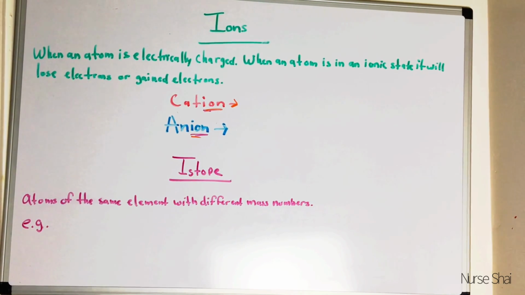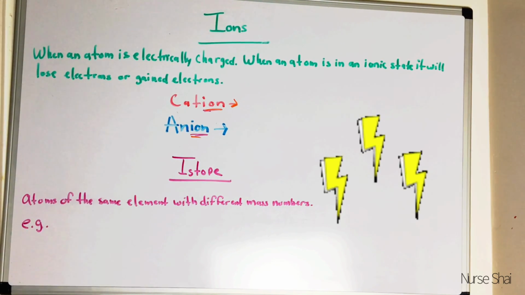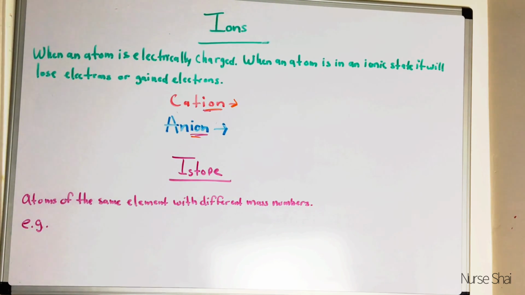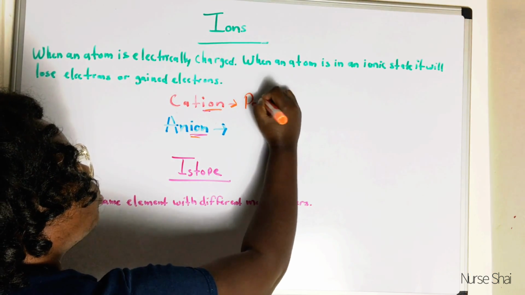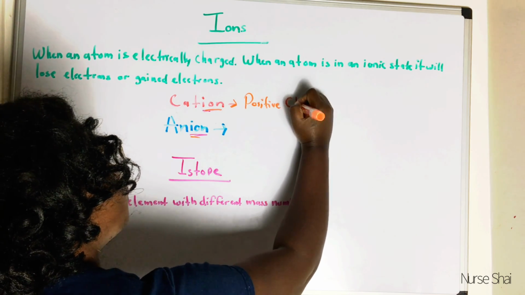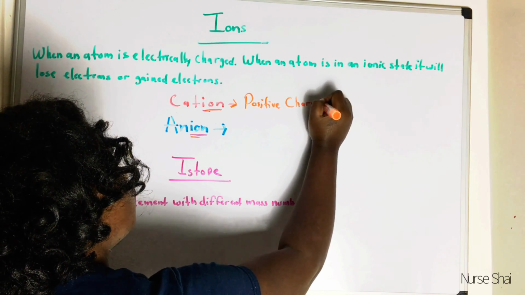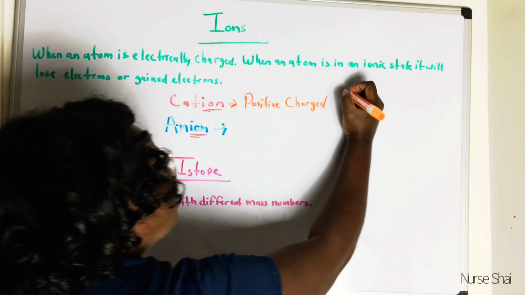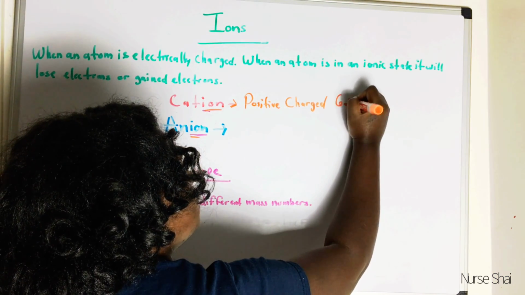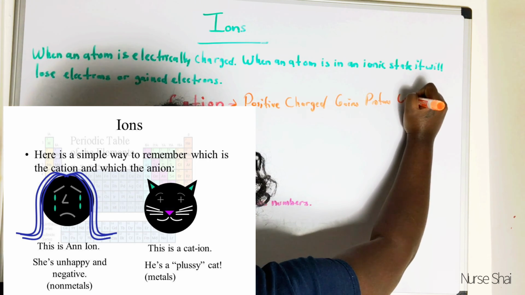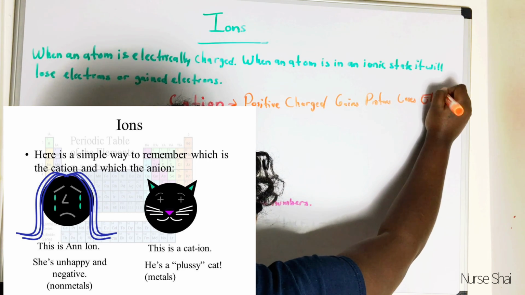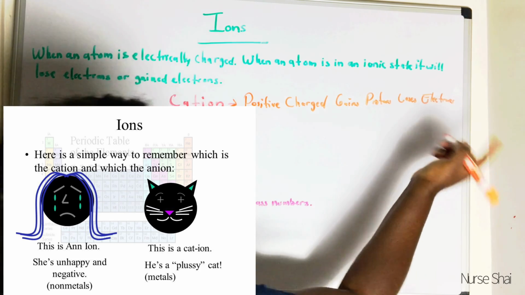Alright guys, now we're going to talk about ions and isotopes. So an ion is when an atom is electrically charged. When an atom is in an ionic state, it will either lose electrons or gain electrons. So a cation is positively charged, and it actually gains protons and loses electrons, but that's not really important.